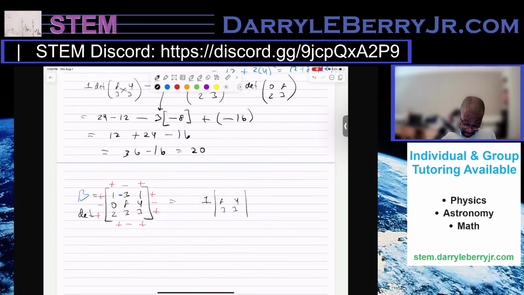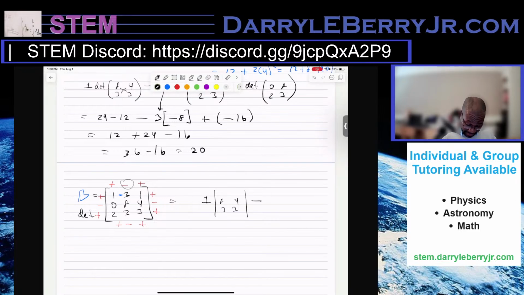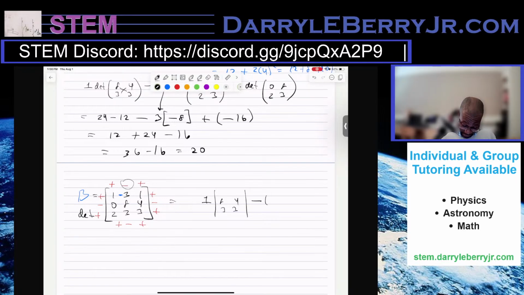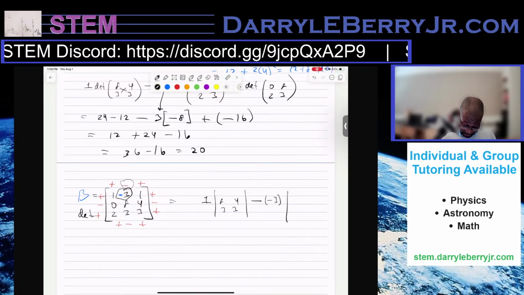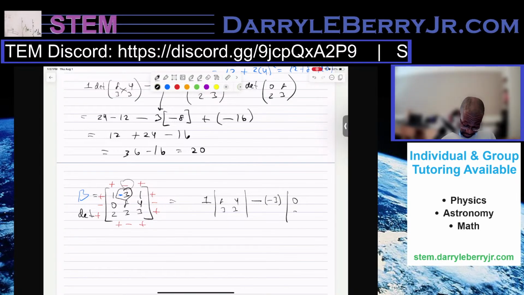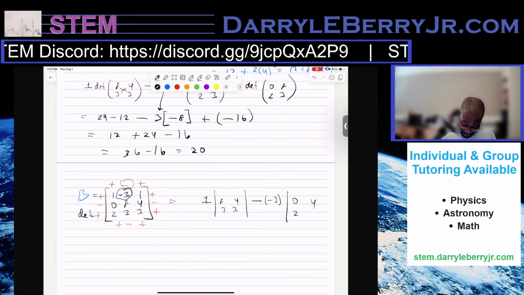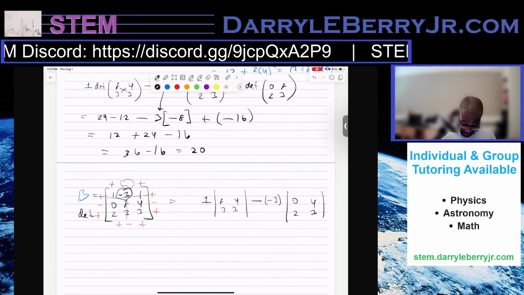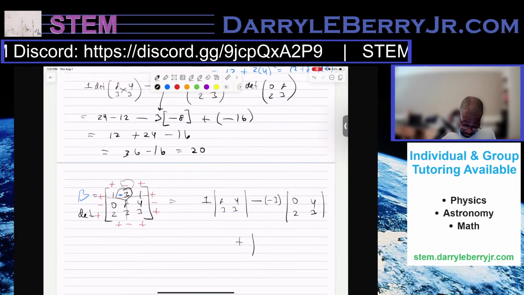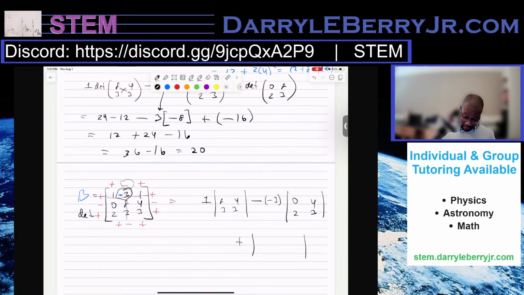Then it'll be minus, there's a minus here, and it'll be -3 because a -3 is there, and then it'll be the same thing, 0, 2, 4, 3, because I scratch all of that out, and then we'll still have to do another +1 and do the rest. So that's exactly how that will work.